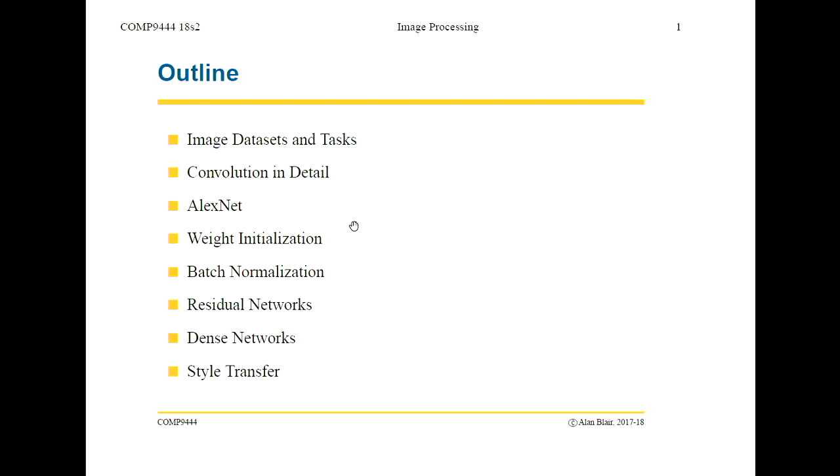So I'm going to talk about weight initialization and batch normalization, and then a couple of different ways of modifying the network architecture, so residual networks and dense networks. And then finally, a particular application of image processing, which is neural style transfer.